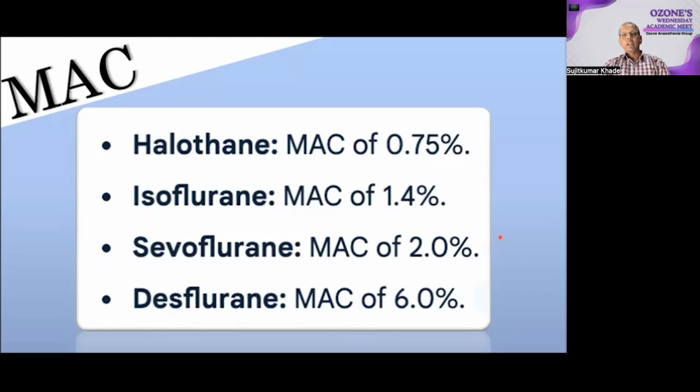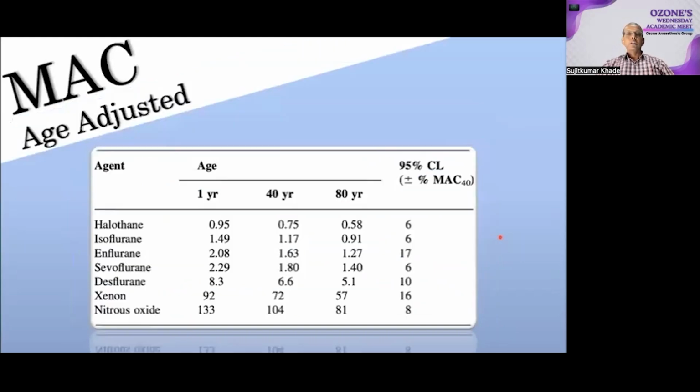These are the end-tidal anesthesia gas concentrations corresponding to the MAC of 1. Halothane has a MAC of 0.75%, isoflurane 1.4, sevoflurane 2. So if you have an expired anesthesia gas concentration of 2% for sevoflurane, that means the patient's MAC value is approximately 1. These are the age-adjusted MAC values.